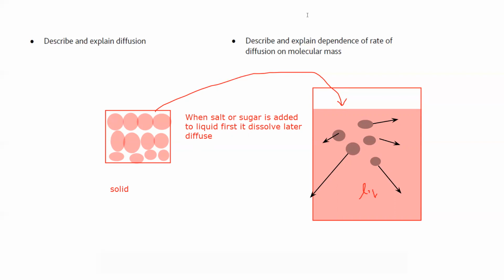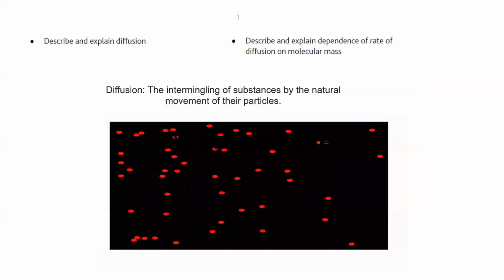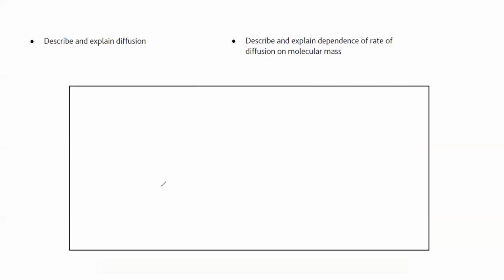But for example, if you have only a gas, a container filled with a gas, say a room filled with air, so in this room air is present, and you use a spray here, for example a perfume, a deodorant or a body spray.